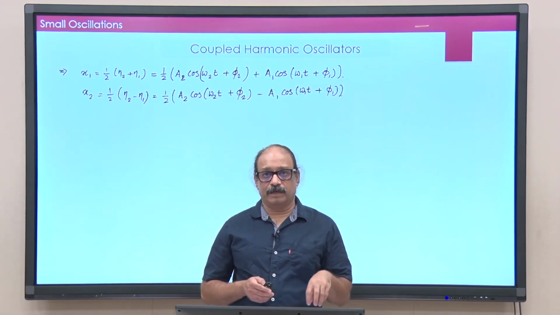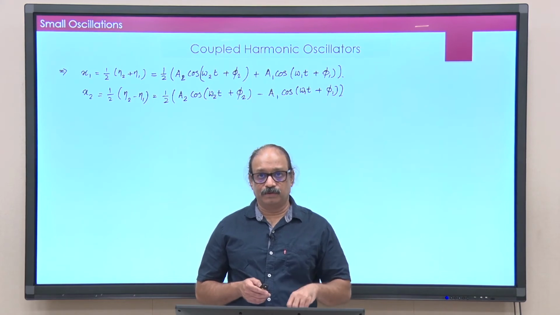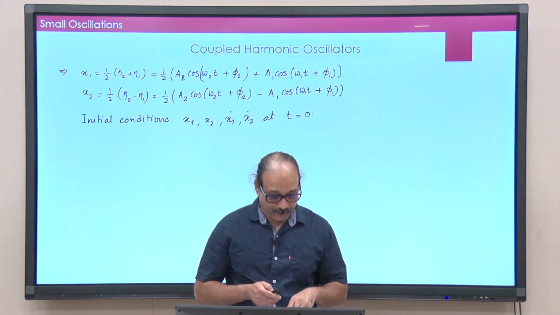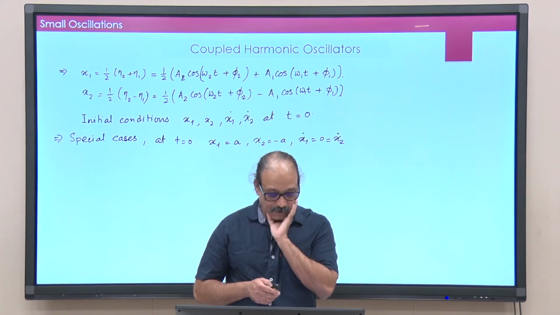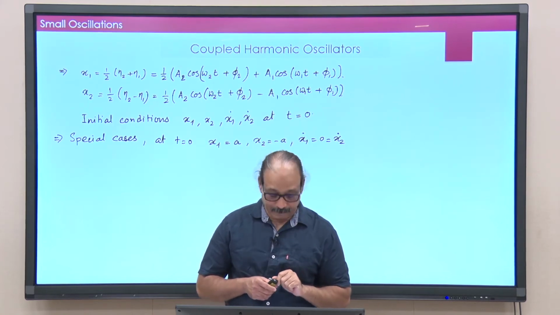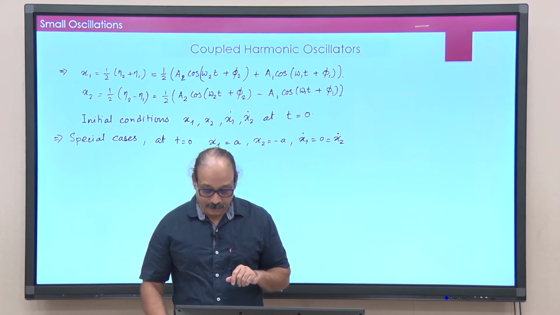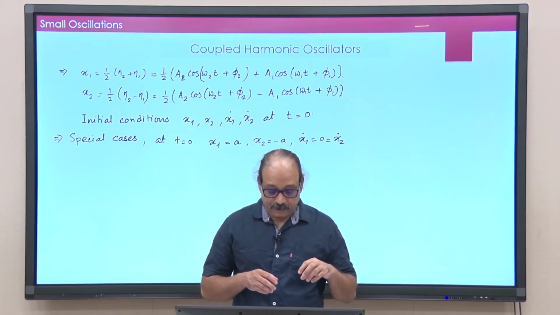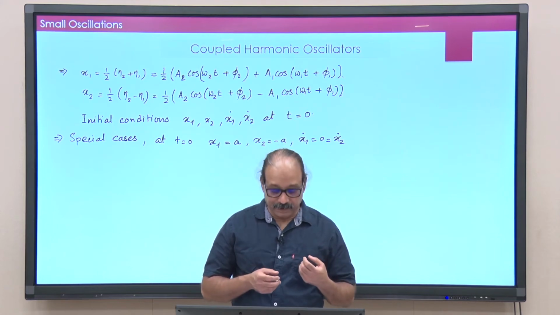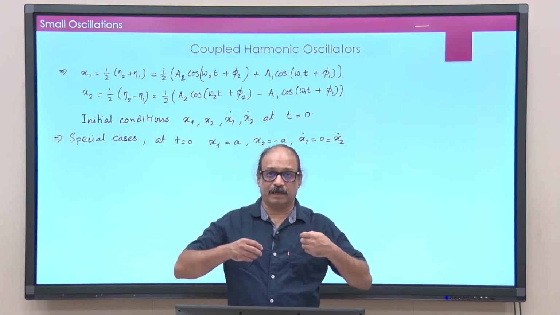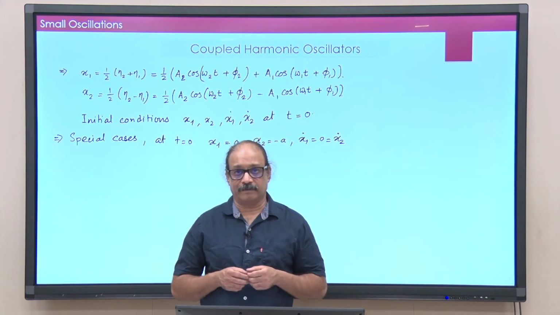So, what I am going to do here is look at a few special cases. The first one is, suppose that at t equal to 0, I set the conditions in the following way. So, you take x 1 is equal to plus a and x 2 is equal to minus a.